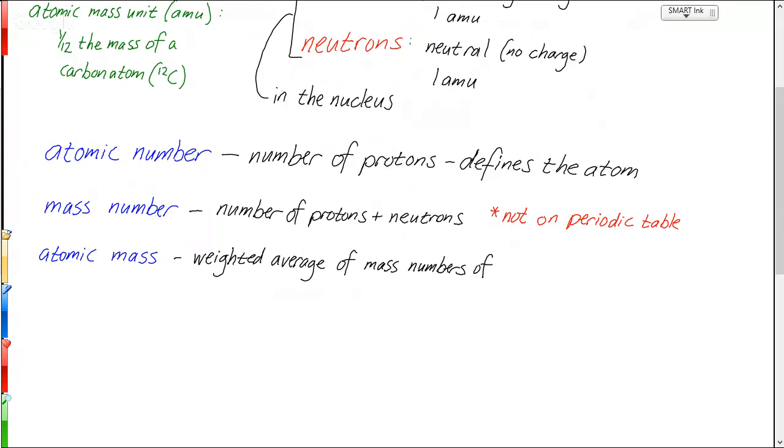Of mass numbers of isotopes. We'll come back and talk about that in a little bit. But the reason I put this here on this list is that is what is on the periodic table. That is the bottom number in red that you see up there.